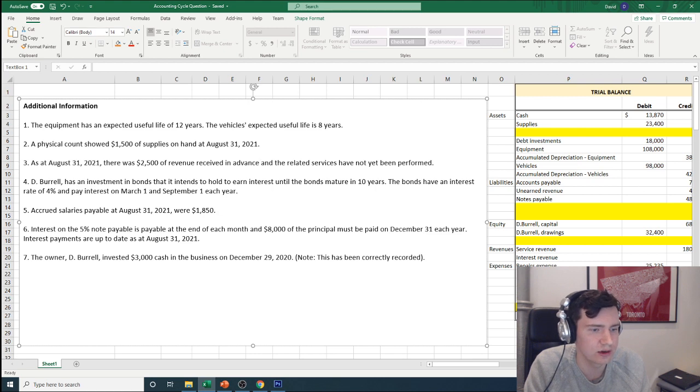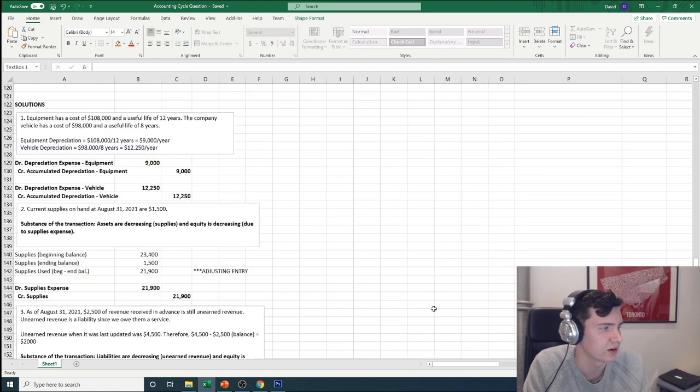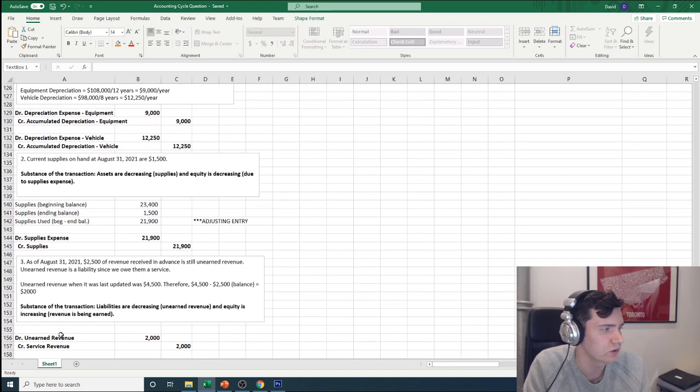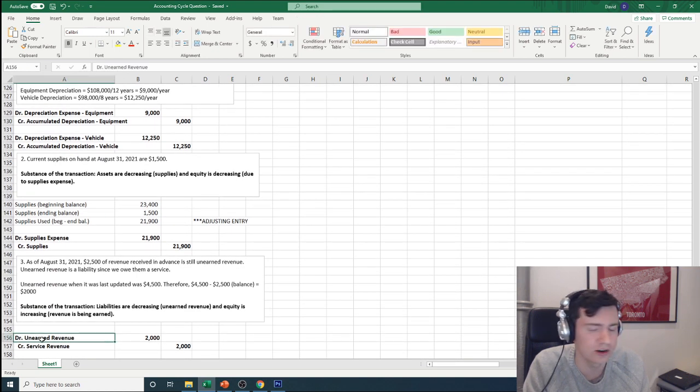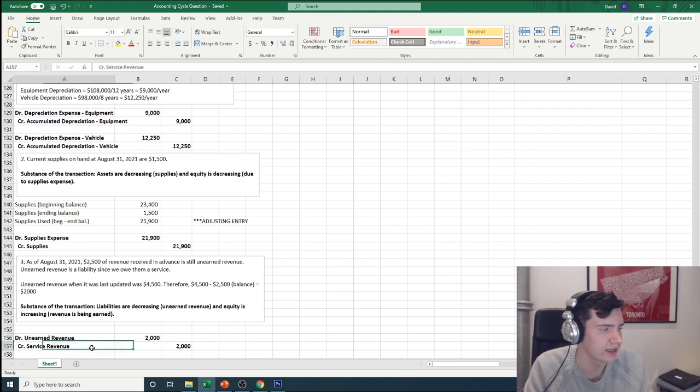So the difference between 4,500 and 2,500 is 2,000, and we're going to debit unearned revenue to show that we're decreasing the balance in that account. And then we're going to credit service revenue.